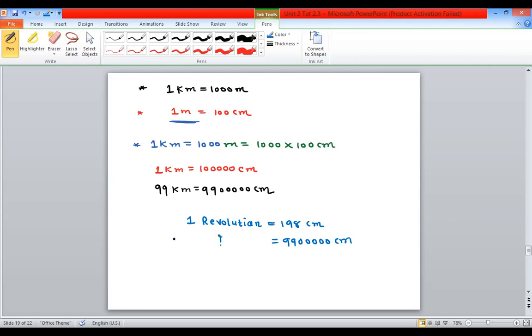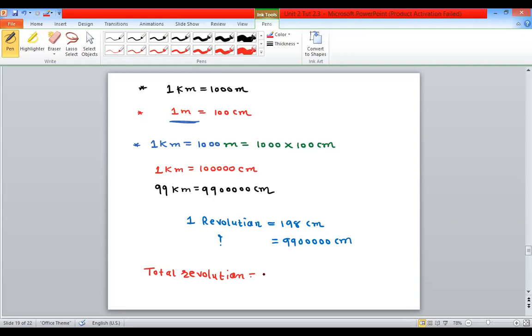So how many revolutions do I need? Just take the cross multiplication, total revolution to cover the 99 kilometer distance.